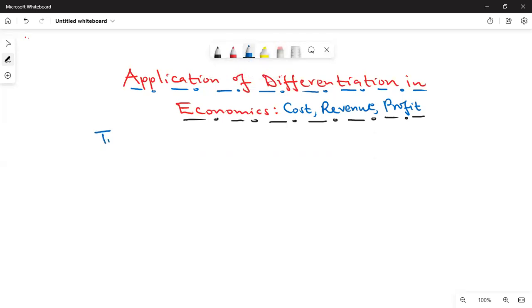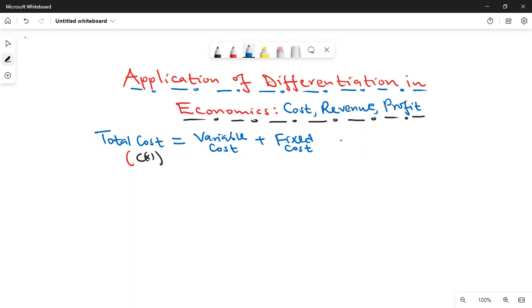When we talk of total cost, which you are going to denote by C of X, I'll denote that by C as a function of X, C of X. This is equal to the variable cost plus the fixed cost.